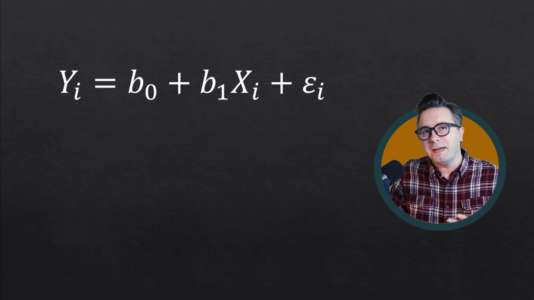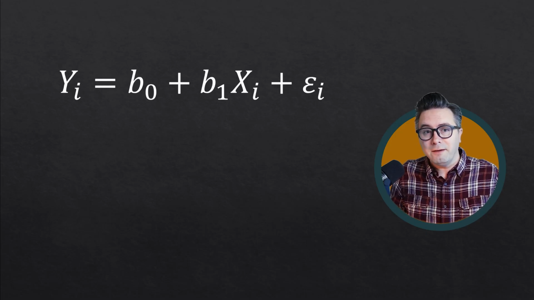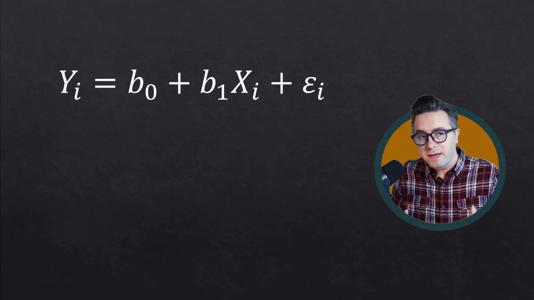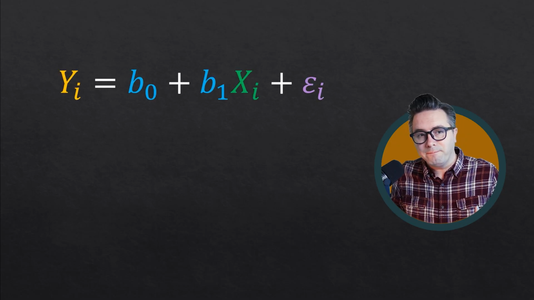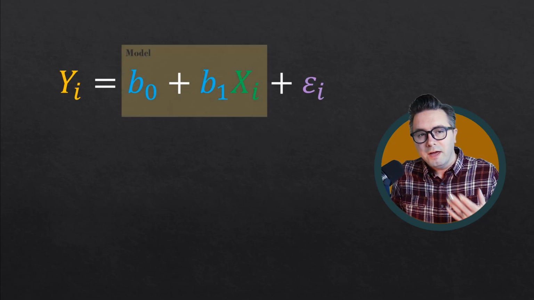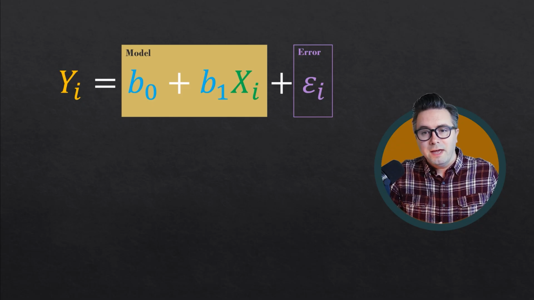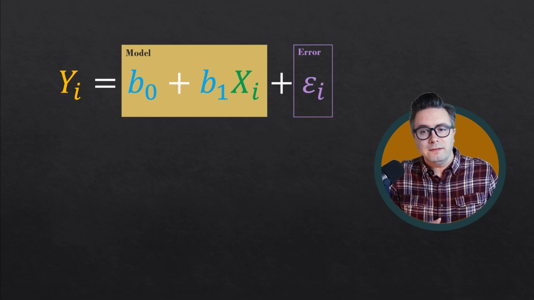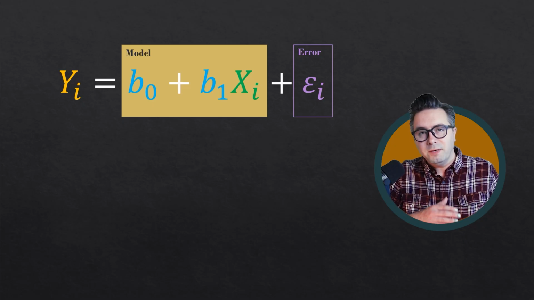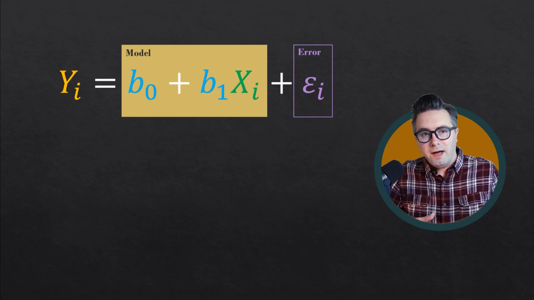Okay. And so this is basically how the y values that we observe can be seen. Here it is color coded, but this is the model and this is the error. So y is the outcome that we want to try to predict. B0, excuse me, is the intercept. B1 is the slope.